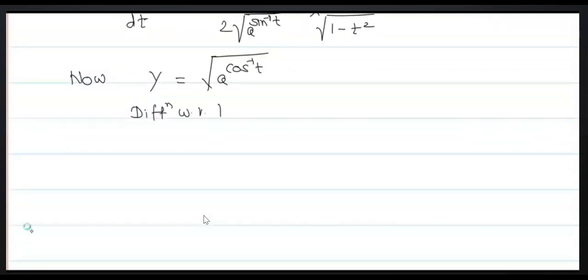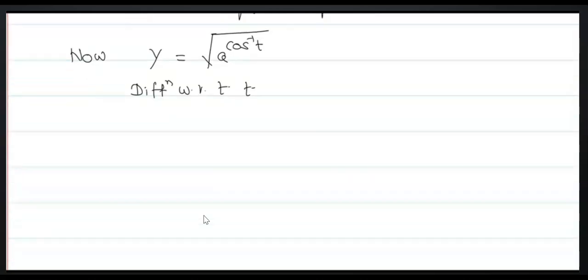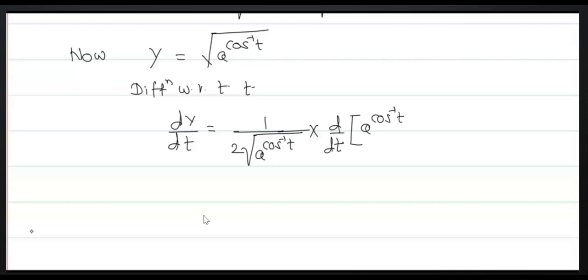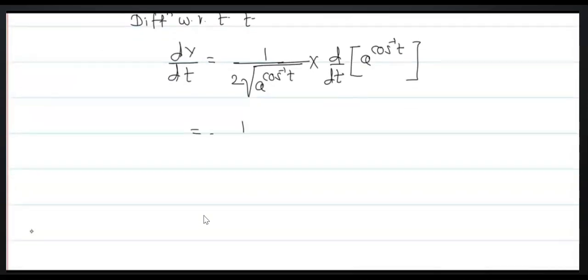Now y is equals to root of a raised to cos inverse t. Therefore, dy by dt is equals to 1 upon 2 root of a raised to cos inverse t into d by dt of a raised to cos inverse of t.